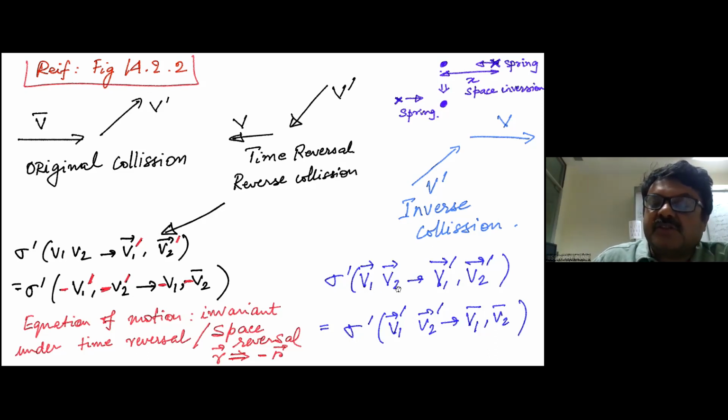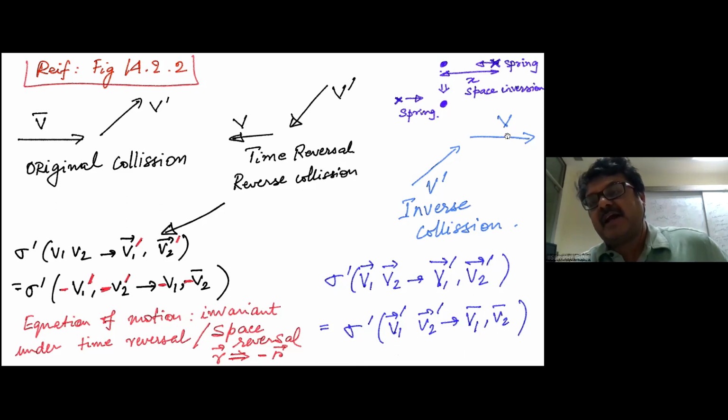So v1, v2 was going into v1 dash, v2 dash. On the other hand, as a consequence of space inversion, the equations of motion remain invariant, and as a consequence, v1 dash, v2 dash after interaction would emanate out as v1 and v2.